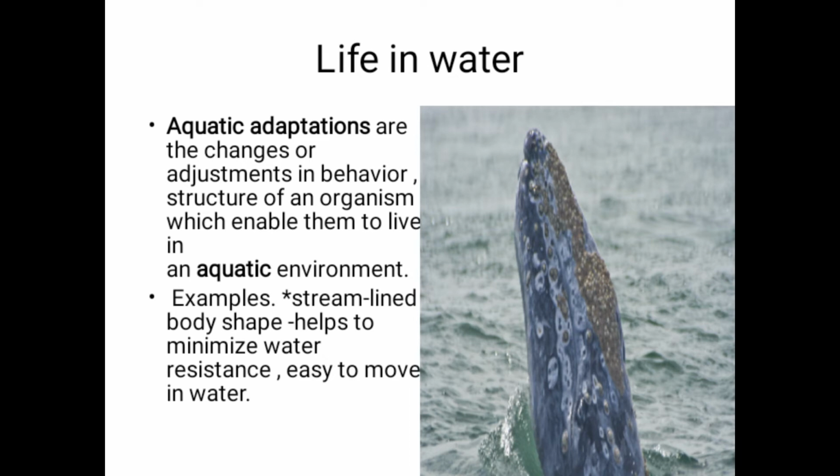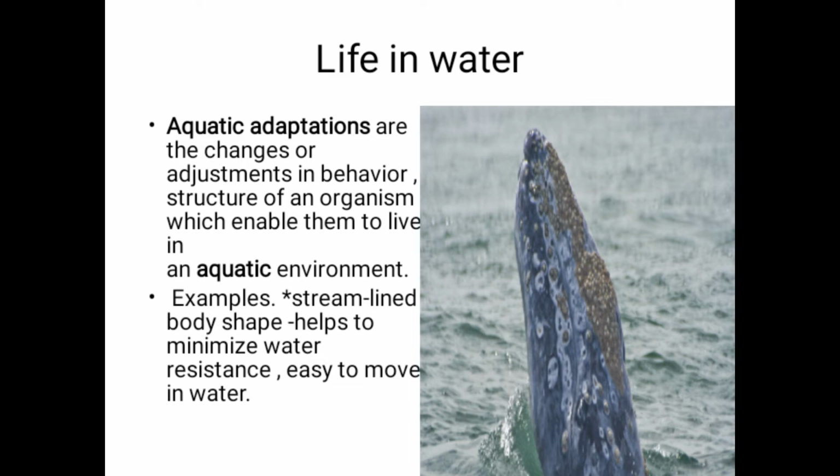So we will be fascinated with this fact that the real diversity of animals and plants is found in oceans, underwater. So we see how animals survive in so much salty water.